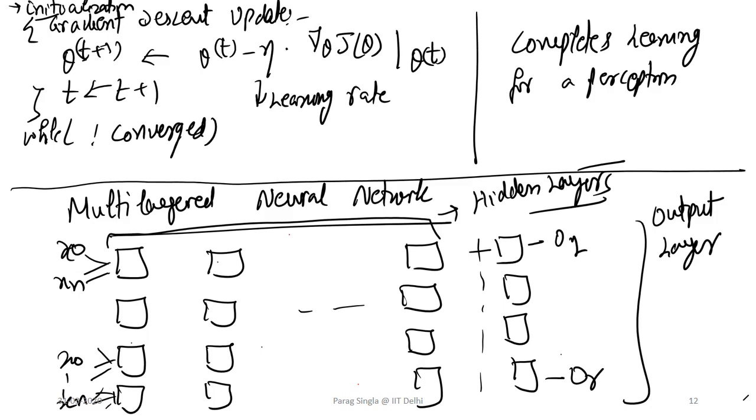And this is the entire update equation, and the convergence is similar to what we have discussed earlier in the context of logistic regression and other algorithms, right? So this completes the learning for a perceptron.